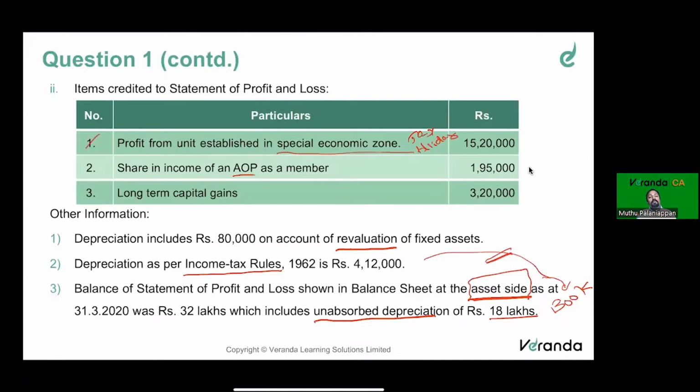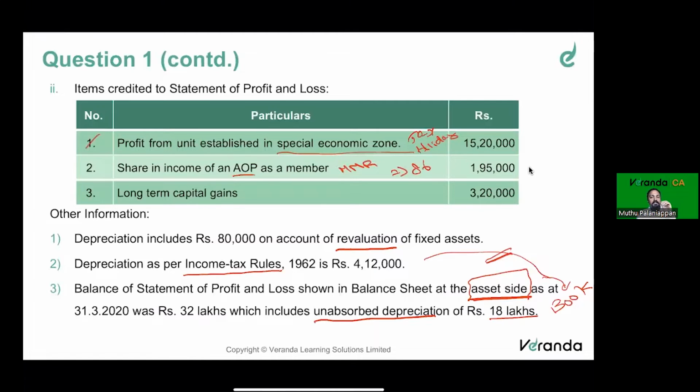Then you have share of income from AOP as a member. This has to be read in addition to the information that we have been provided. What information was there? It is taxable at the maximum marginal rate. When a particular income of the AOP is taxable at the maximum marginal rate, it falls under section 86.